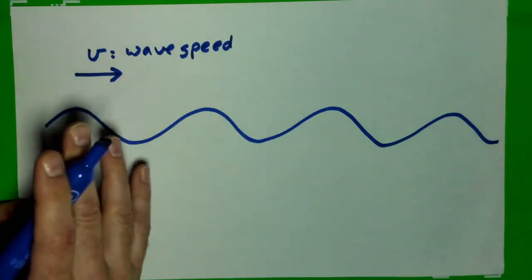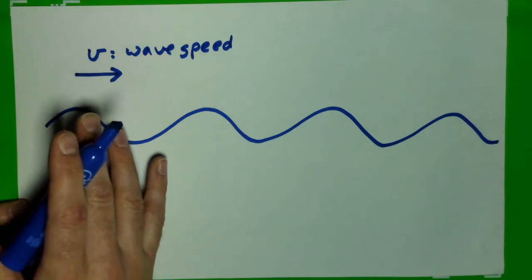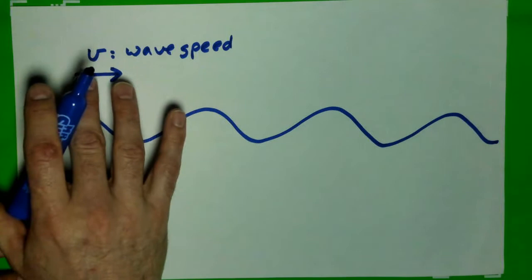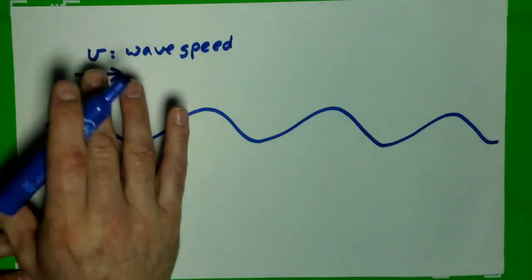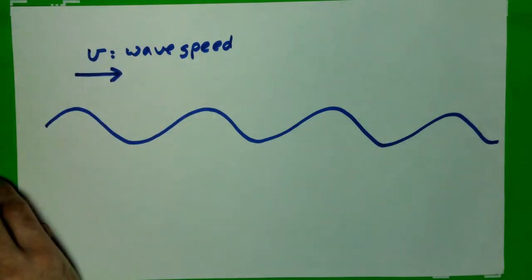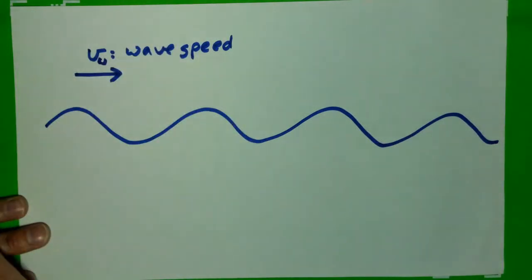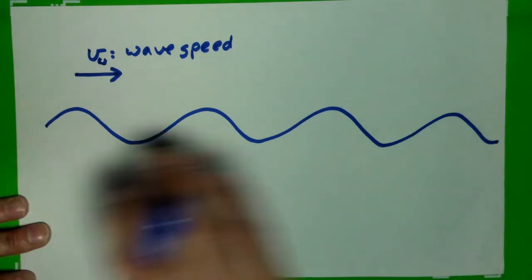And we're going to have other speeds in place, so we'll have to be very careful to define this as the speed of the wave. So in this case, we might give it a subscript as a speed of the water wave. We might have a speed on a string as you give a pulse to a string, and that pulse travels along.